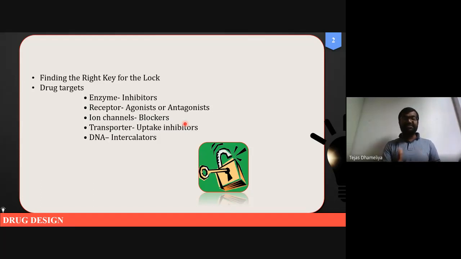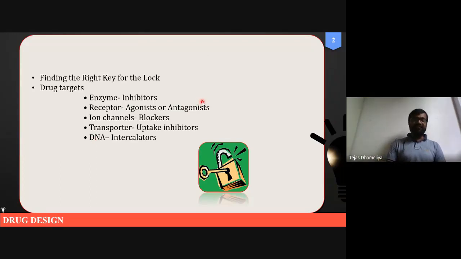Maybe selective serotonin reuptake inhibitors, SSRIs. So the point is that these are the various kinds of locks which can be handled with the help of their structure.